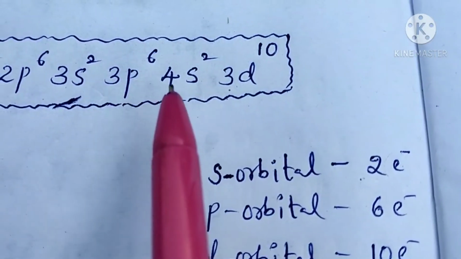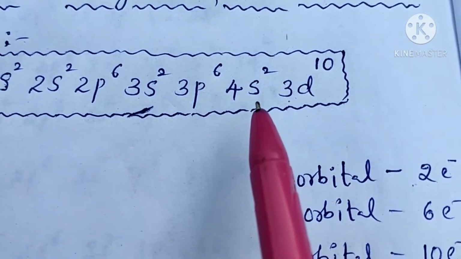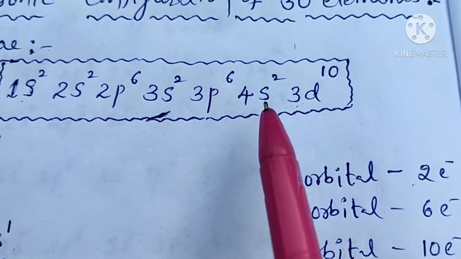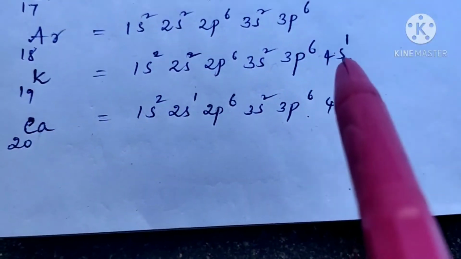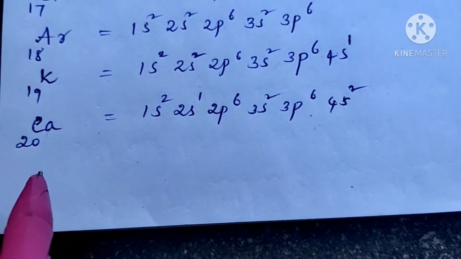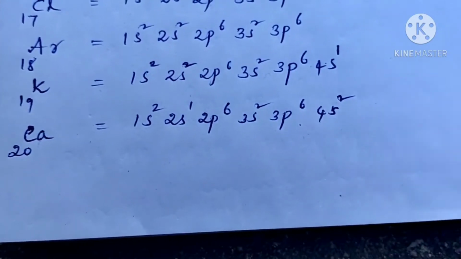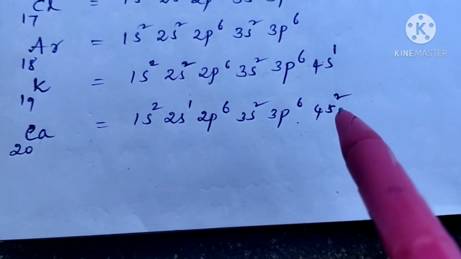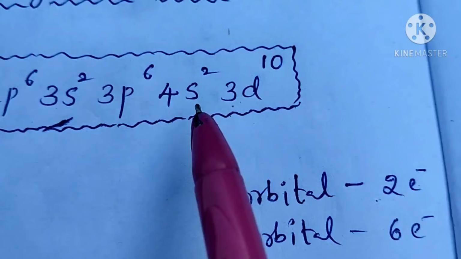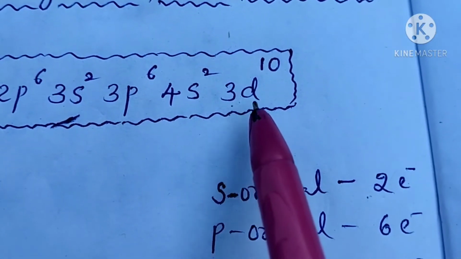Go to the formula. After 3p6, the next orbital is 4s. Again s orbital, it accommodates 2. So two more elements we can fill. So that is 4s1, 4s2, potassium and calcium. Right? After 4s2 is completely filled, we go to the next orbital, that is 3d10.